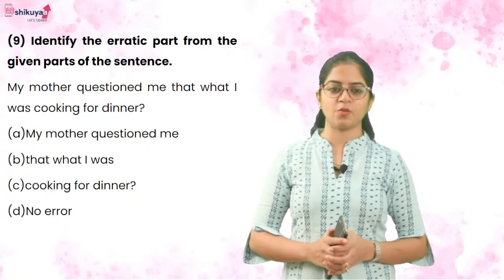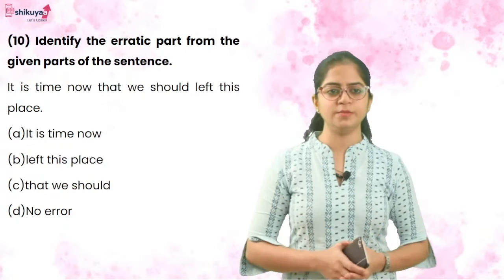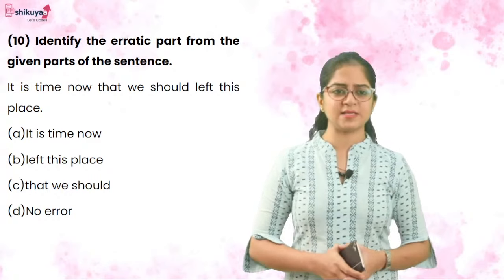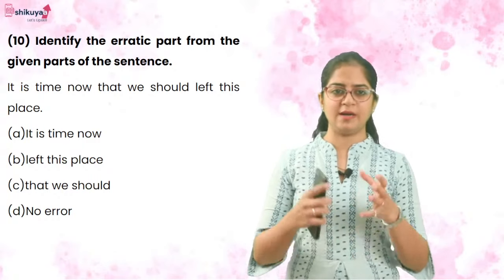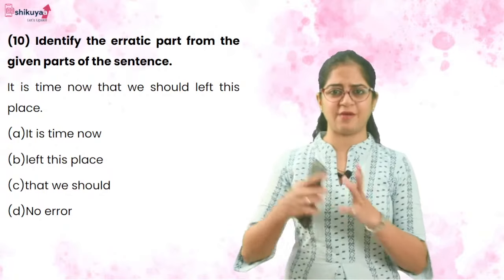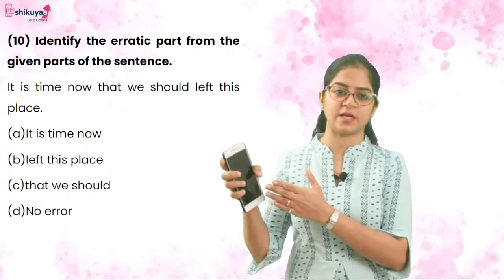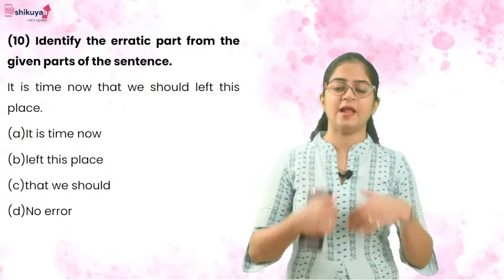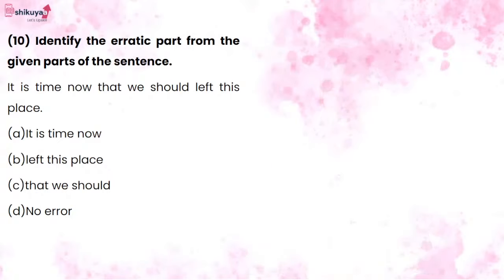Well, let us try one more question. It is time now that we should left this place. Is it? This is a very simple one. Left this place. Look at the tense of the sentence. How can they suddenly say "left this place"? So in between they have used "left".